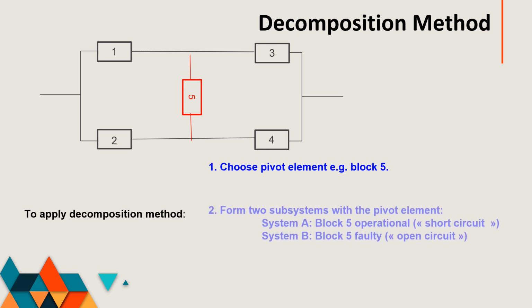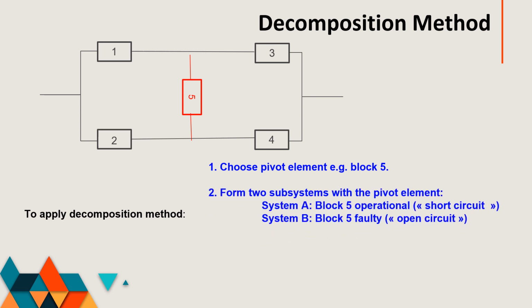The second step is, after choosing this pivot element, you are going to build two different systems or subsystems, system A and system B, which are part of this main system. System A is the system that you get assuming that block 5 is operational, that it is working, it is in good condition.